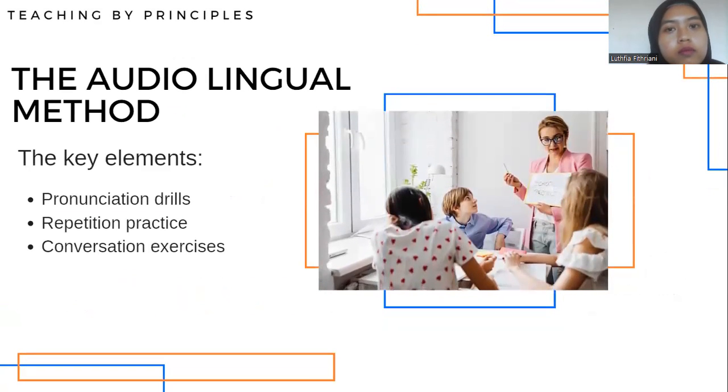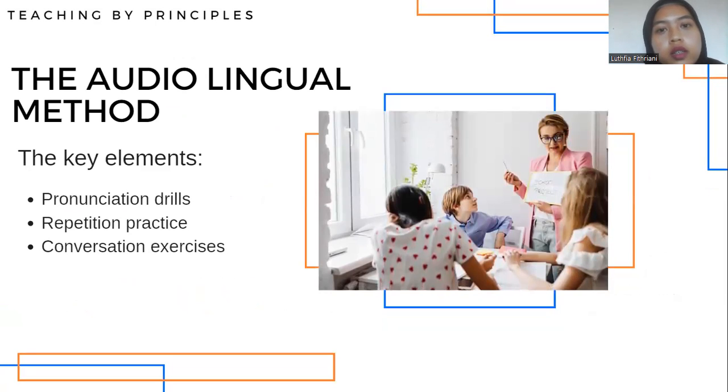The fourth method that was popular in the early years is the audiolingual method. The audiolingual method was used for the first time by a U.S. military-sponsored program during World War II to teach oral proficiency in other languages.